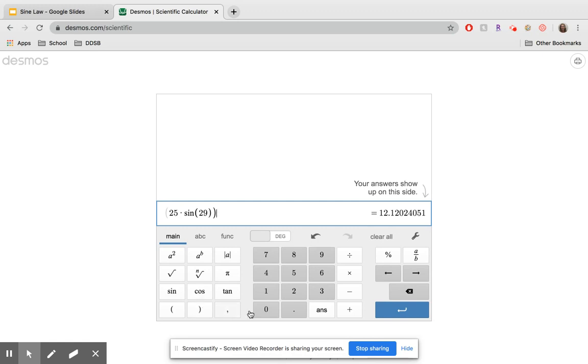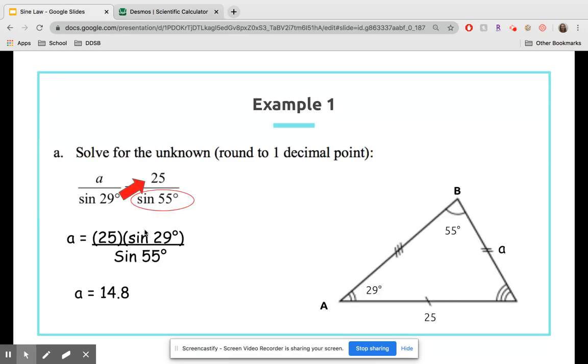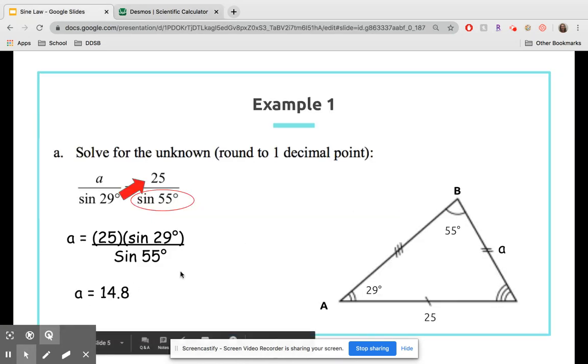If you enter another bracket and then divide, it will put all of this over top, and we put the sine 55 down there. This gives us 14, and rounding to one decimal, 14.8, which is what we have here.